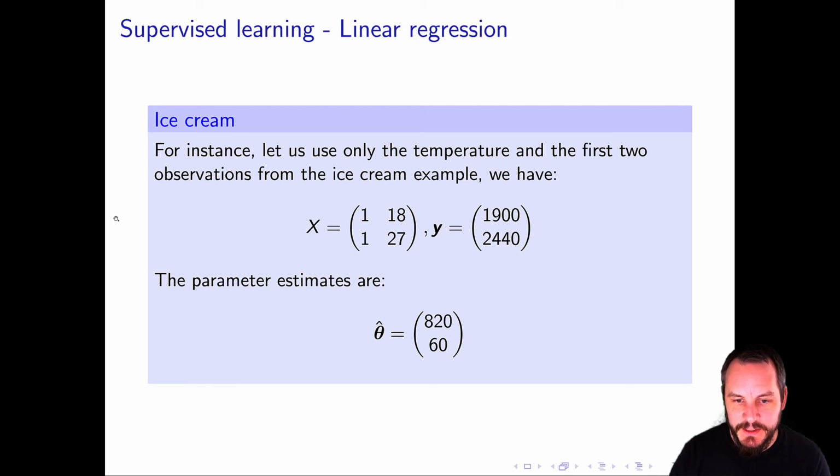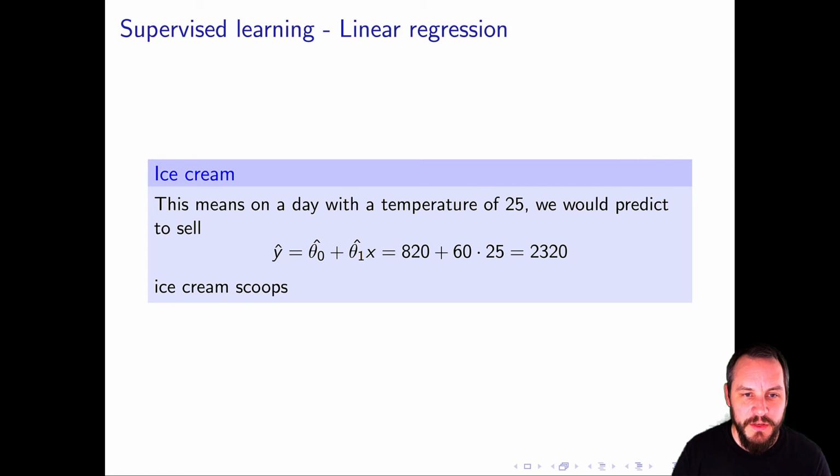And for instance, if we get a third observation with a temperature of 25, or if we want to think about what we believe is the amount of scoops that we are selling if it would have 25 degrees, then we just plug it into the prediction equation. And now with the estimated parameters, an estimation is always indicated with the hat symbol here.